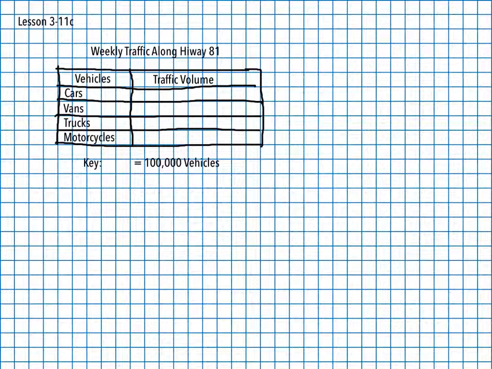With cars, there would be 5 blue wheels. So I'm going to color 5 blue wheels. And really they're not wheels, they're just circles, but shh, don't tell anyone. We'll pretend. So our key is going to be 1 blue wheel equals 100,000 vehicles.